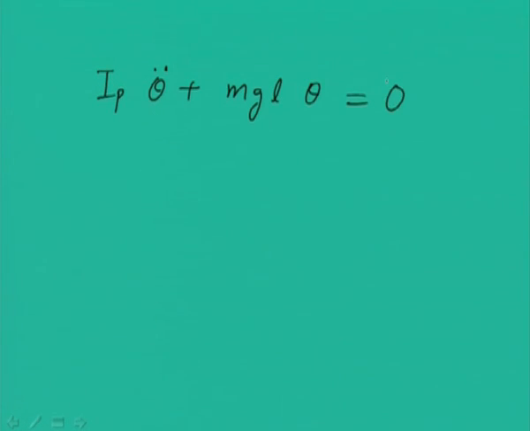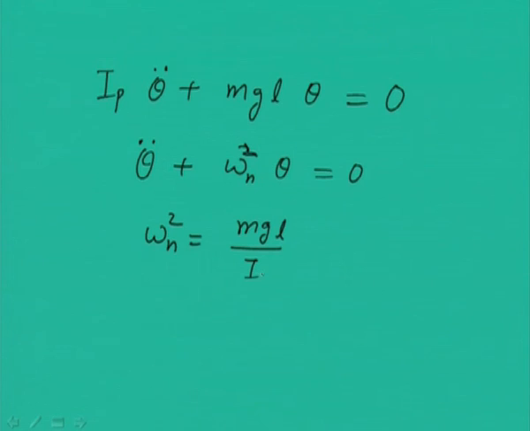You can see this equation has a similar form to what we had earlier for the spring mass system, and now omega n square is this. So, this is the natural frequency of the pendulum, or we can simplify, because IP we know will be m into L square, because the radius of gyration will be L, m is this.